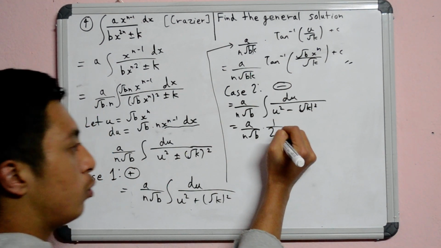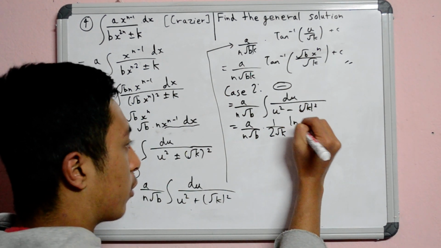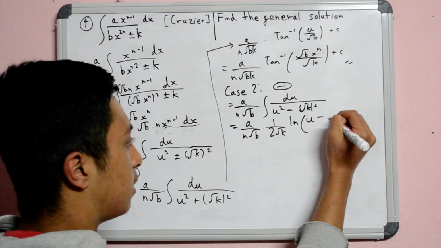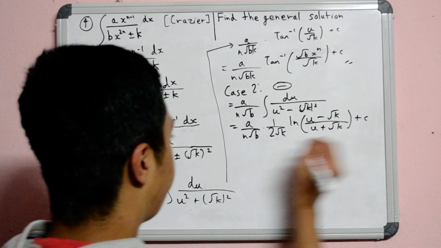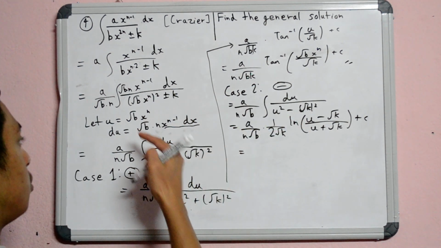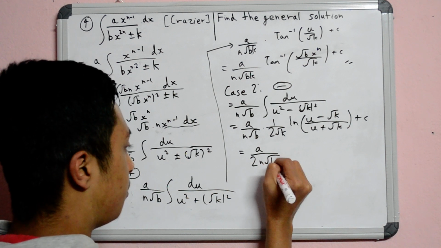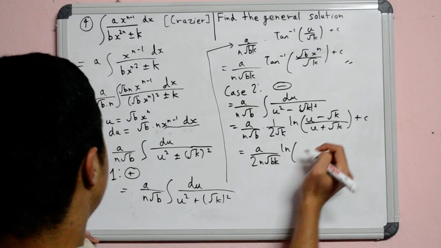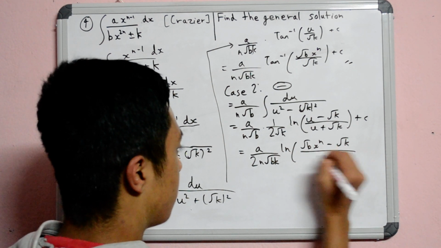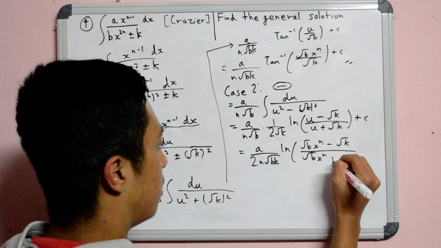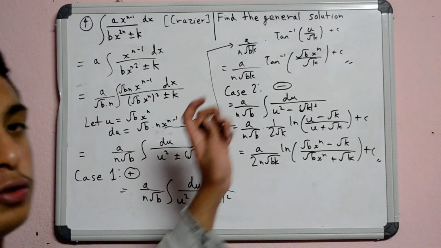It is equal to 1 by 2 into whatever this constant is, square root of k, log natural of this variable minus that constant by the variable plus the constant plus c, and we can just replace u with x. This will be a over 2n square root of bk log natural of square root of b x to the power n minus square root of k by square root of b x to the power n plus square root of k plus c, and that concludes our general solution.